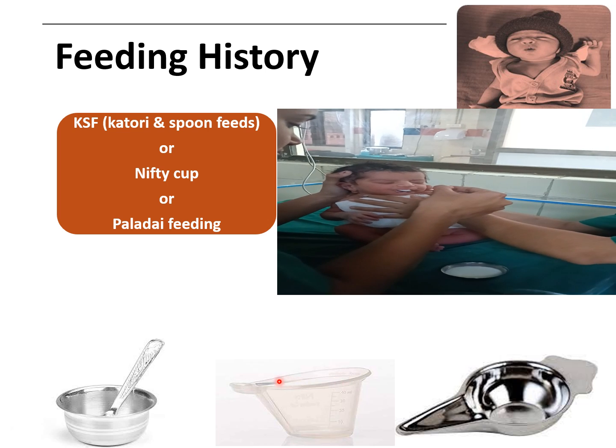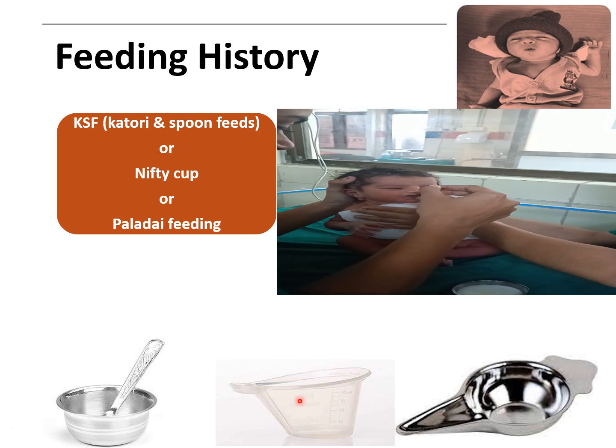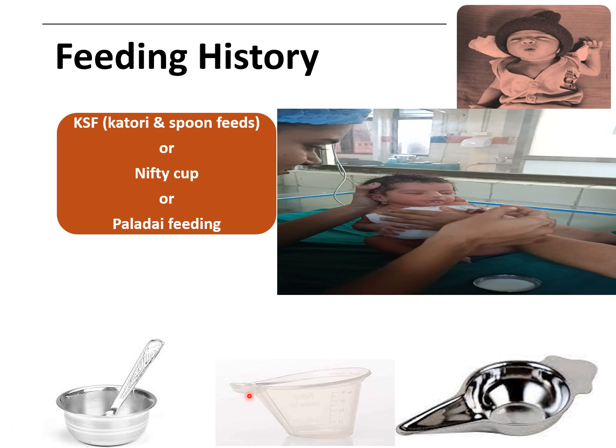It is a silicone based cup and its capacity is 40 ml and also having a small rectangular reservoir of depth 2 to 3 ml here. And this is katori spoon and this is paladai. So here in this video you can see they are giving the katori spoon feed.